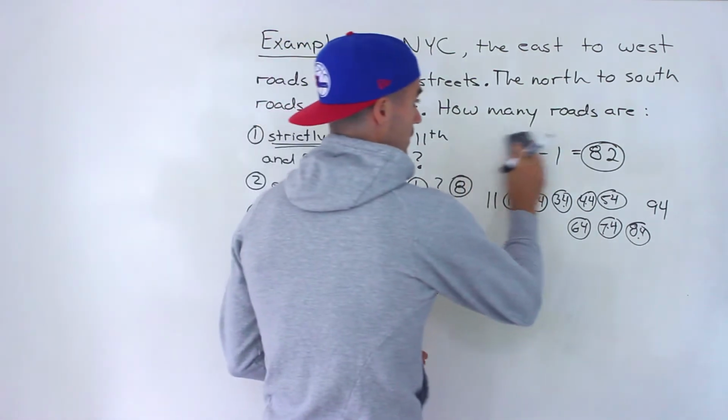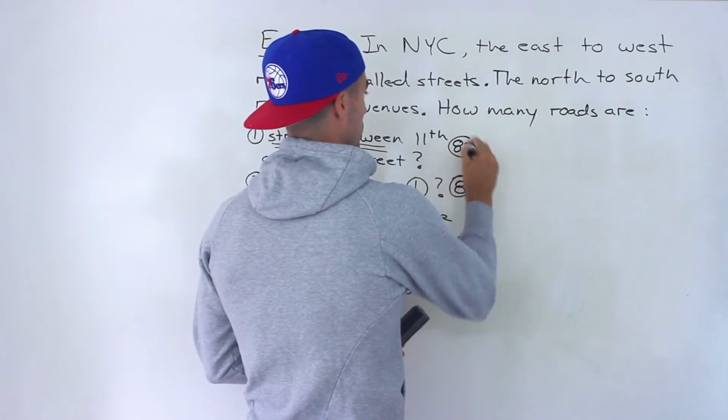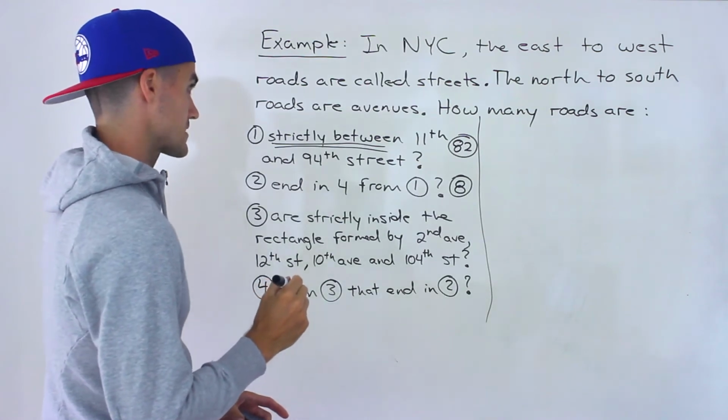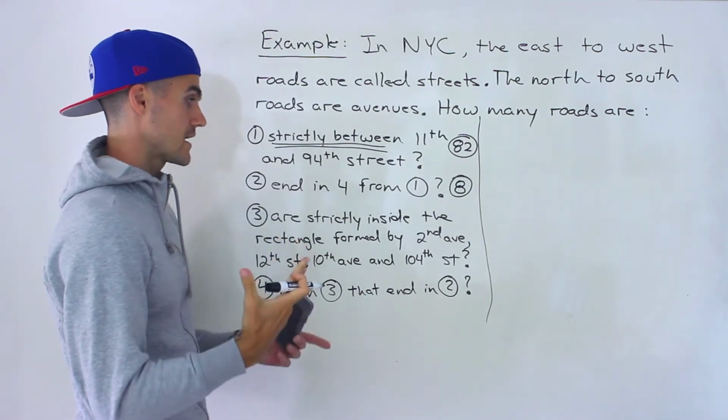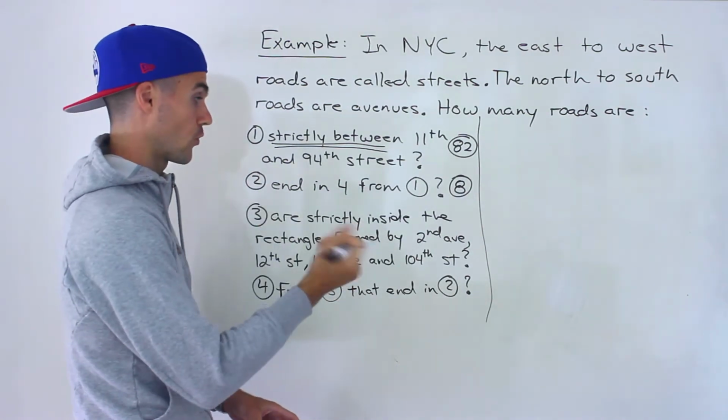And then number 3, let me write out the answer here. They're asking how many roads are strictly inside the rectangle formed by 2nd Avenue, 12th Street, 10th Avenue, and 104th Street.